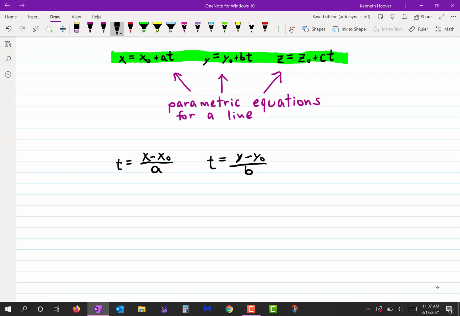And from the equation for z, we can write t equals z minus z naught over c, as long as c isn't 0. So if a, b, and c are all non-zero, then t would equal all three of those, which means they would have to equal each other.